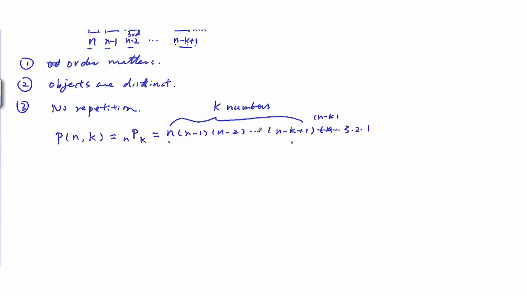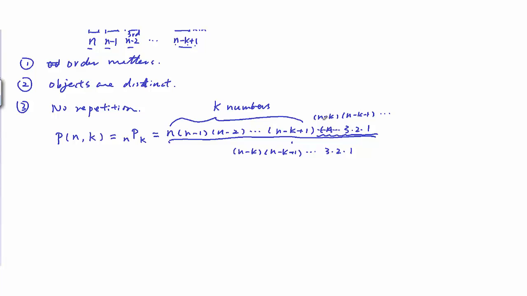When you keep going down, it will be n minus k minus 1, and so on, down to 3, 2, 1. So if we want to make n factorial, we need to put this to make n factorial. But then we need to divide by the same number, n minus k plus 1, down to 3, 2, 1, right?